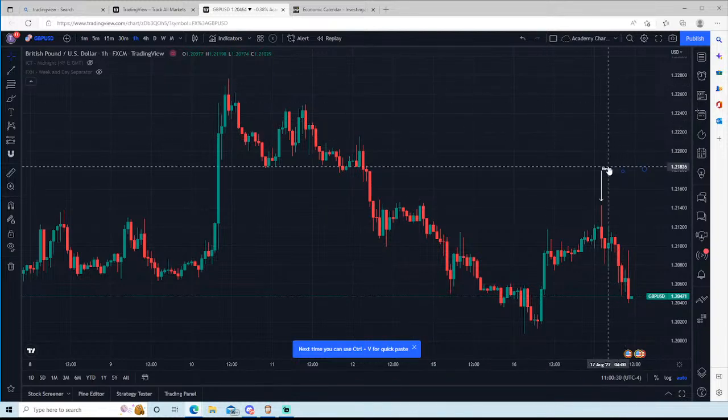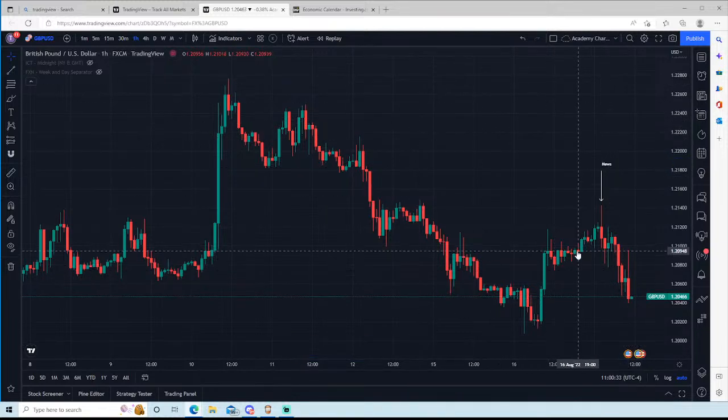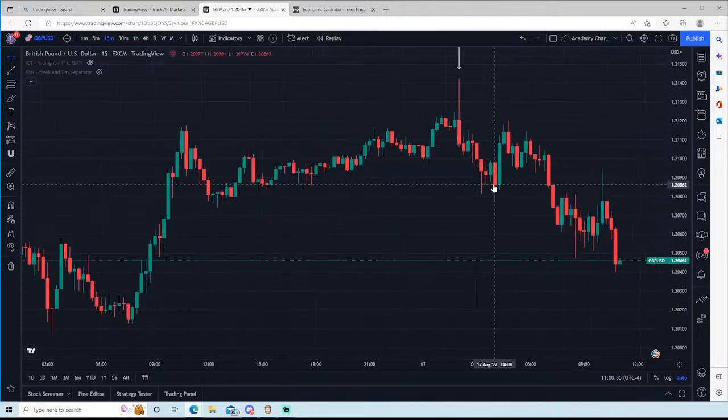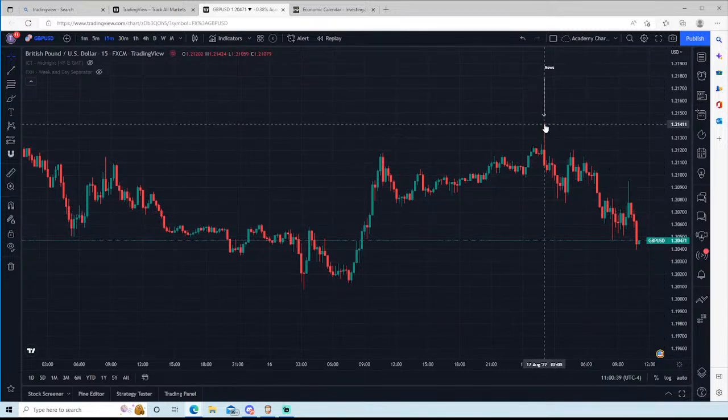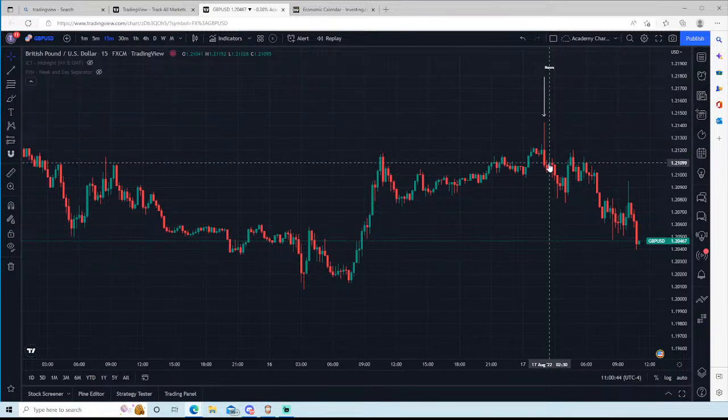So once we had that news drop, you can see things started really taking off from there. We had that news drop right here at 2 in the morning. What happens? The market ultimately just breaks structure, right?